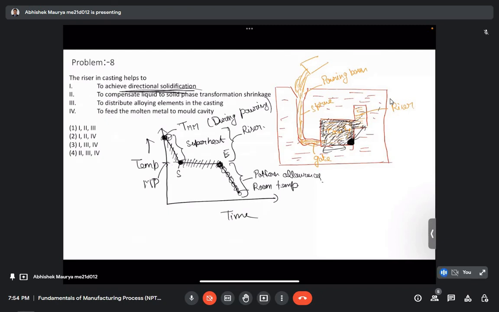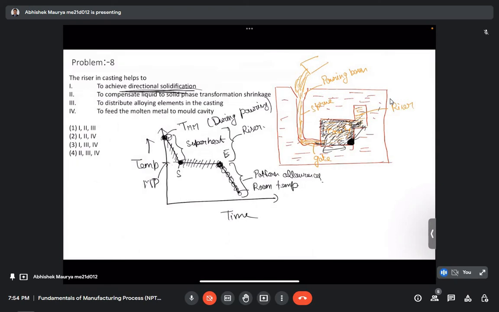We want solidification to start from the remotest place, and it should end at the places near the in gate or near the riser.